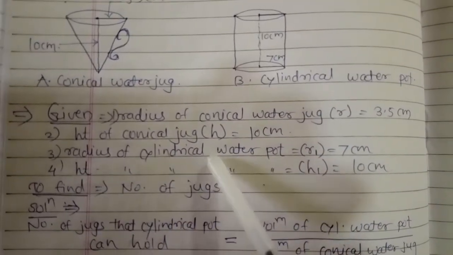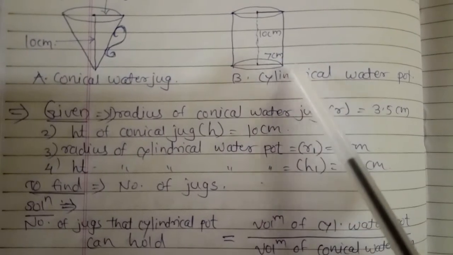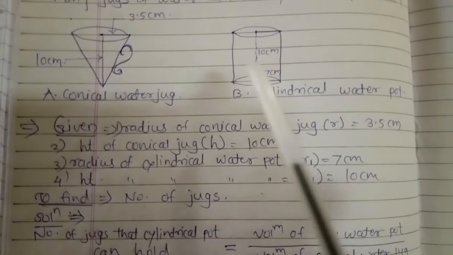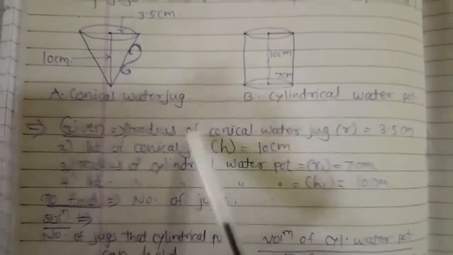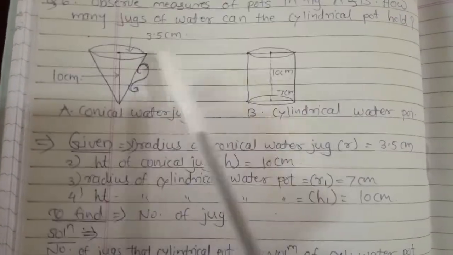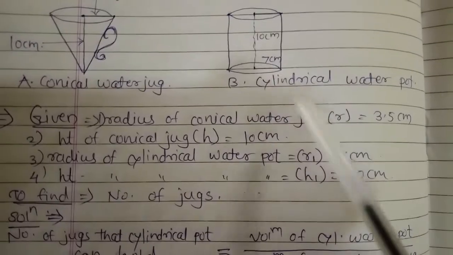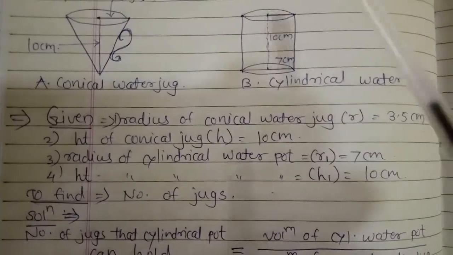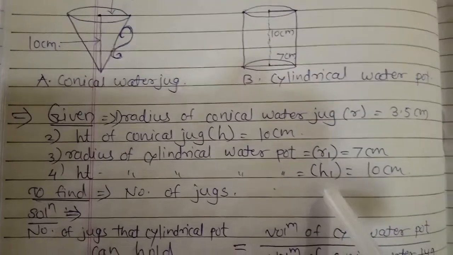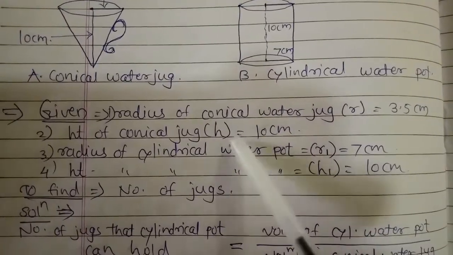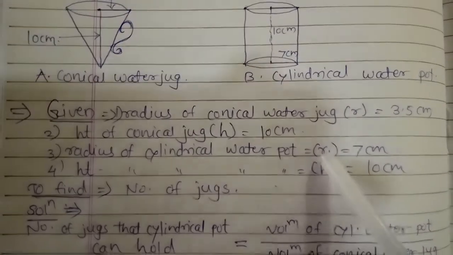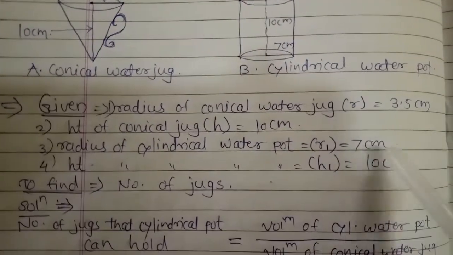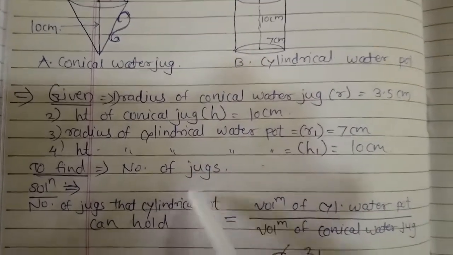Next, the radius of the cylindrical water pot is 7 centimeters. Since in both we are given a radius, for the cylindrical pot we consider the radius as r1 and the height as h1, and we have to find the number of jugs.